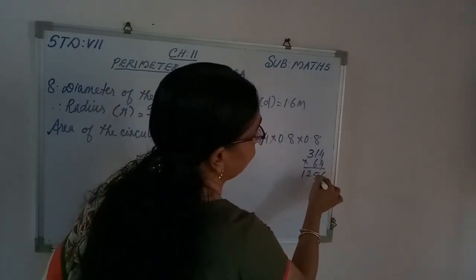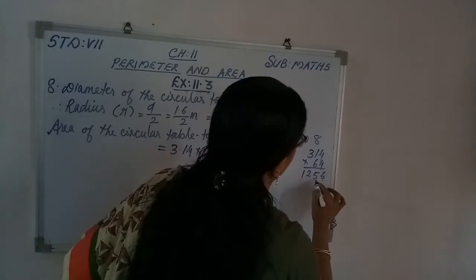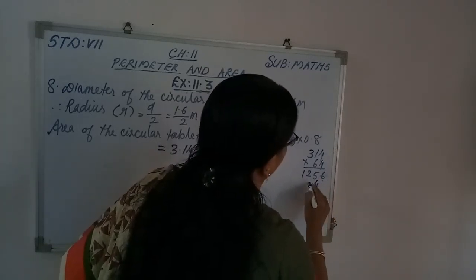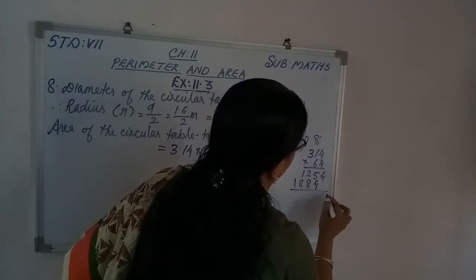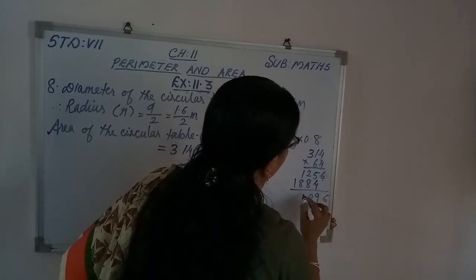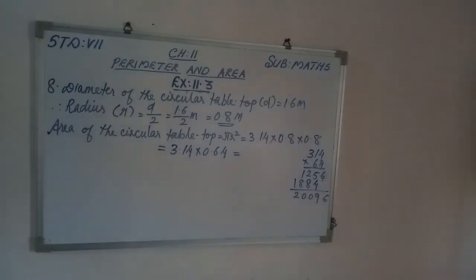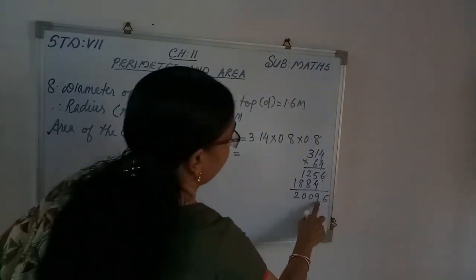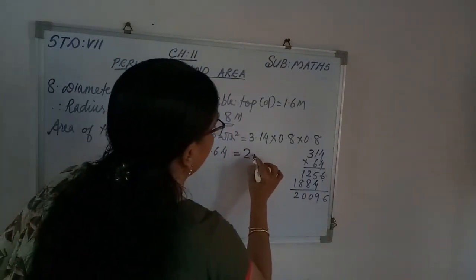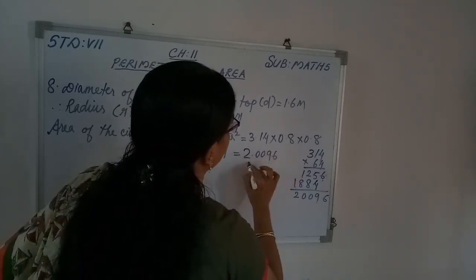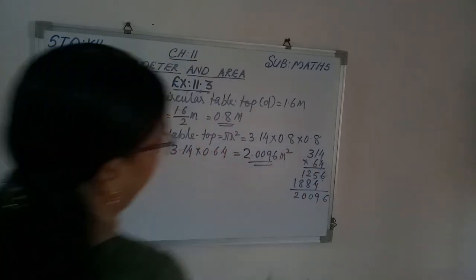Then 4 1s are 4 plus 1, 5. And 4 3s are 12. So how many decimal places will the answer have? 4. 1, 2, 3, 4. That's equal to 2.0096 meter square.